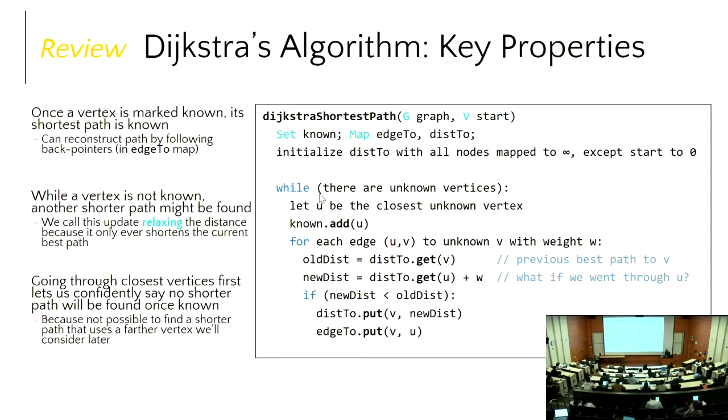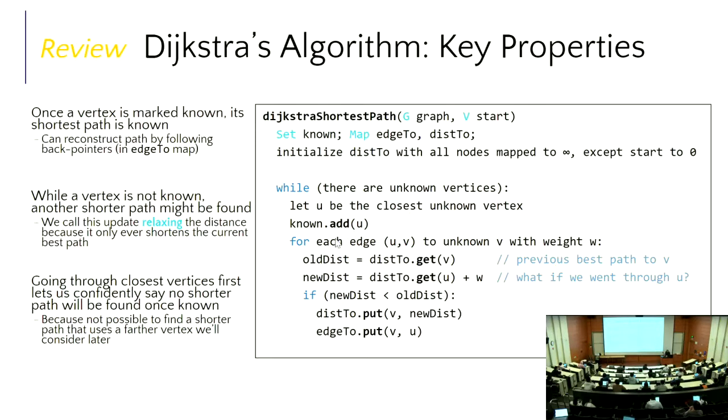Then we're going to loop while this set does not have everybody in it. So while there are still unknown vertices left to process, then we will look at the closest unknown vertex. We look at our set of immediate neighbors. We add them to our known set.